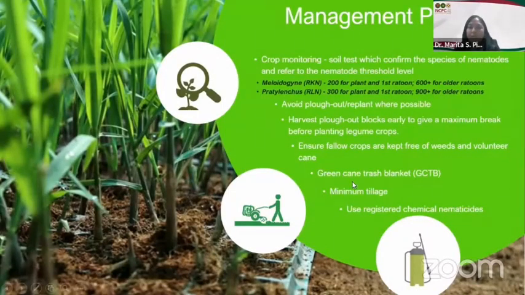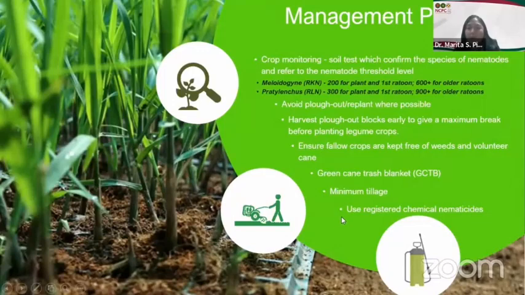Related to the green cane trash blanket, you have to practice minimum tillage, so that the trash blanket is not lost, and to prevent build-up of plant parasitic nematodes.